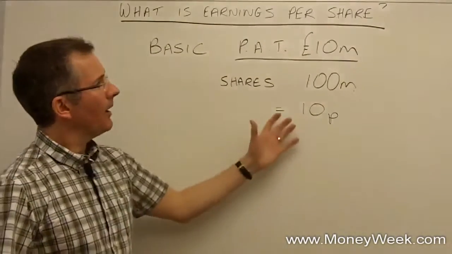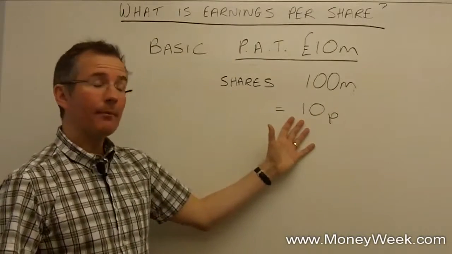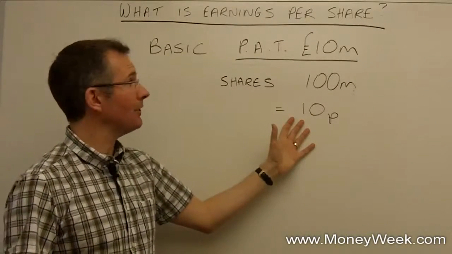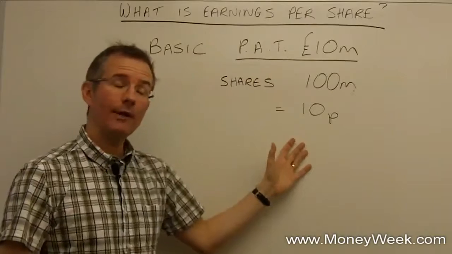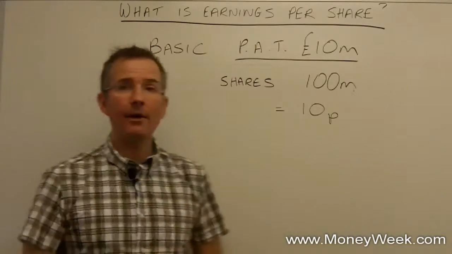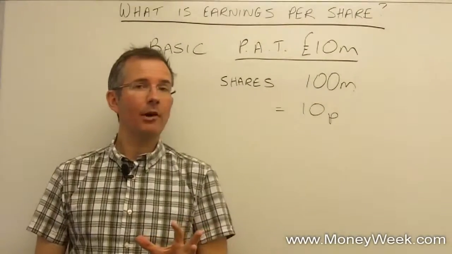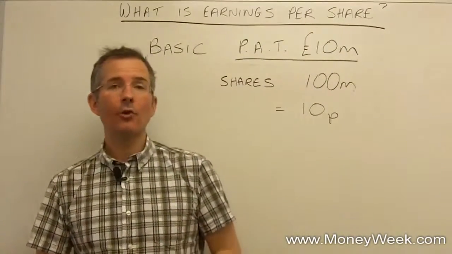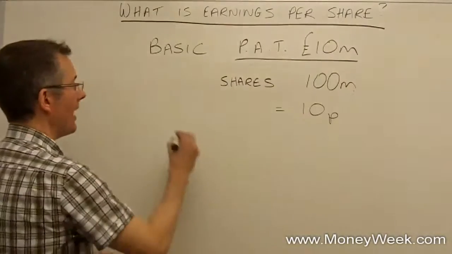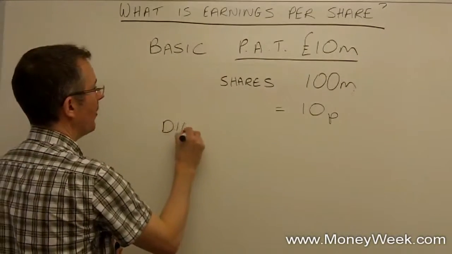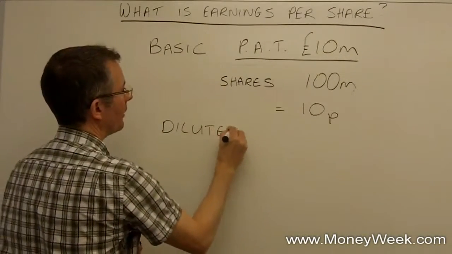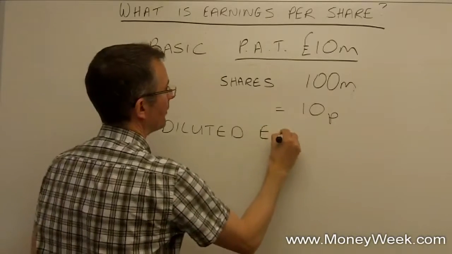Now, is that the end of the story? Well, that's what they call basic earnings per share. The calculation certainly looks fairly straightforward. Just be aware that companies publish at least one other version, normally because they're required to in the UK, and that's called the diluted earnings per share figure. So, just be aware that there is a thing called diluted EPS as well.